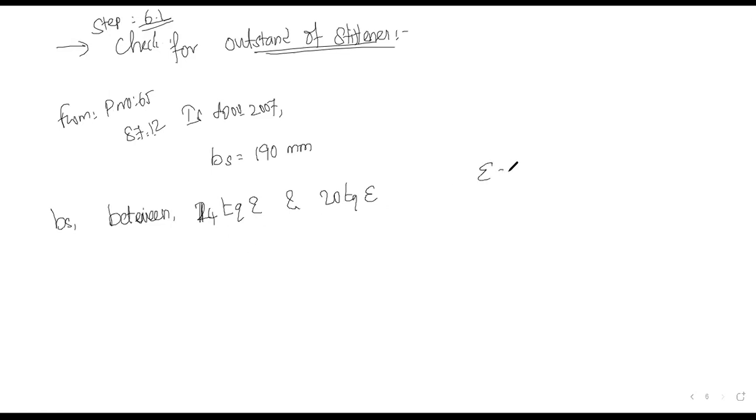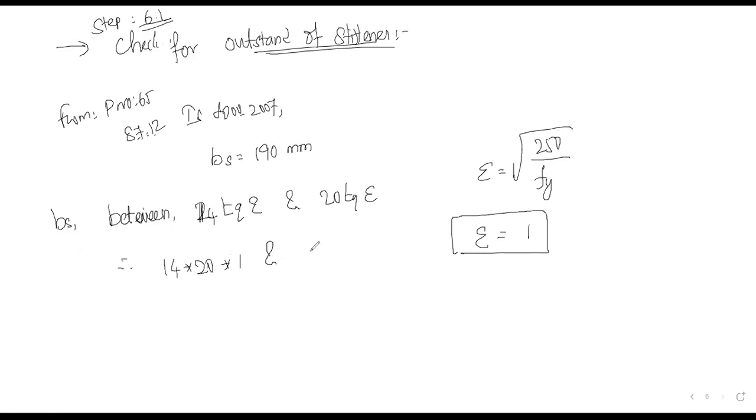The epsilon value is root under 250 divided by Fy, and Fy is 250, so epsilon is 1. Therefore 14 into 20 is 280 mm, and 20 into 20 is 400 mm.